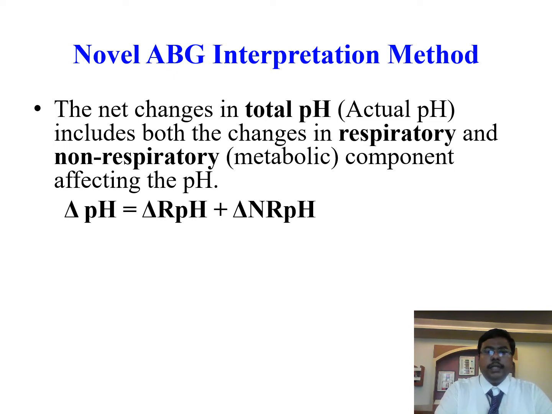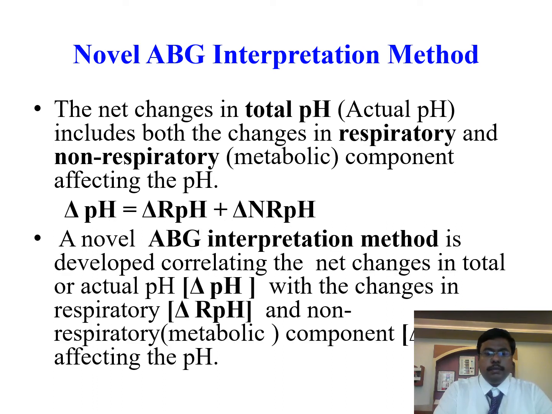The net changes in total pH or actual pH include both the changes in respiratory and non-respiratory components affecting the pH. So the relationship is delta pH is equal to delta RPH plus delta NRPH. A novel ABG interpretation method is developed correlating the net changes in total or actual pH with the changes in respiratory and non-respiratory components affecting the pH.